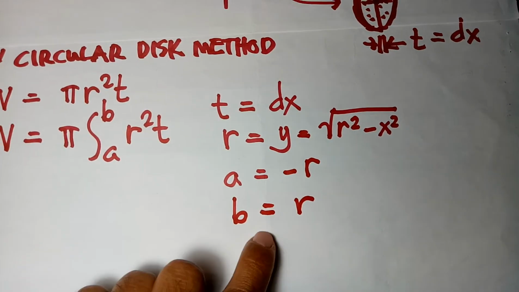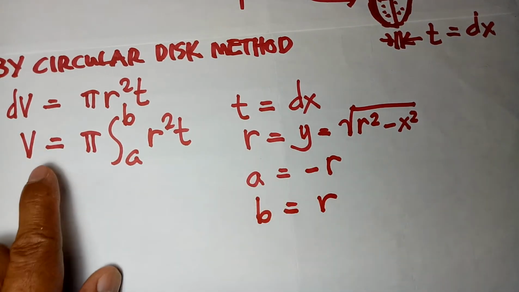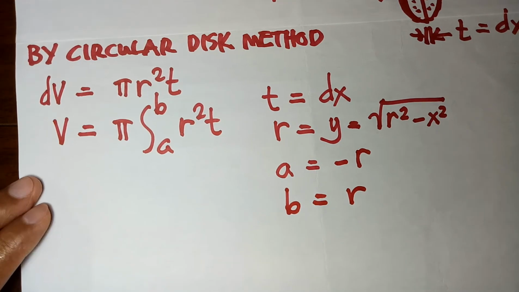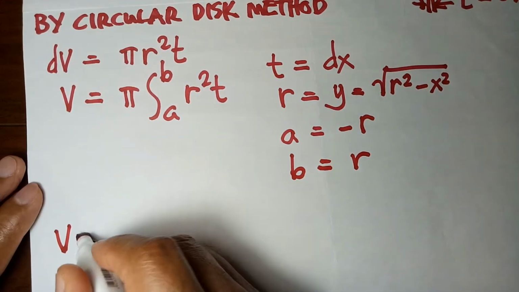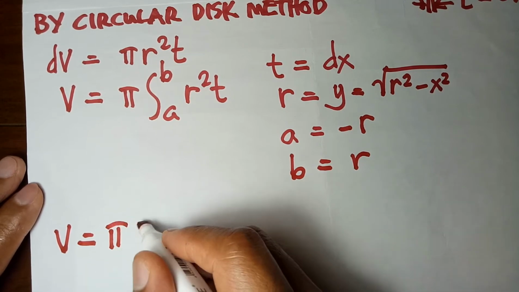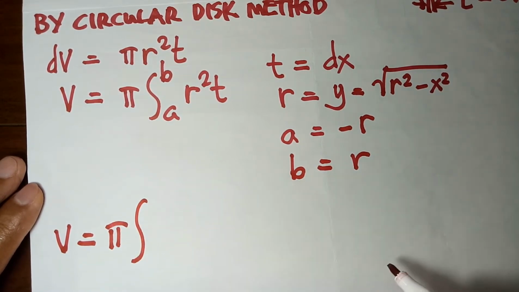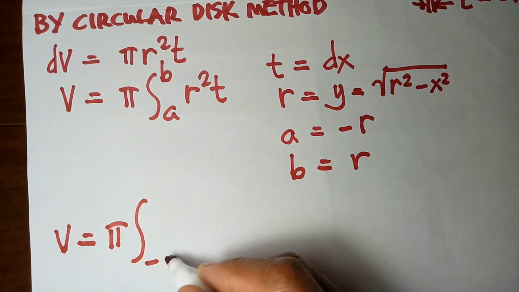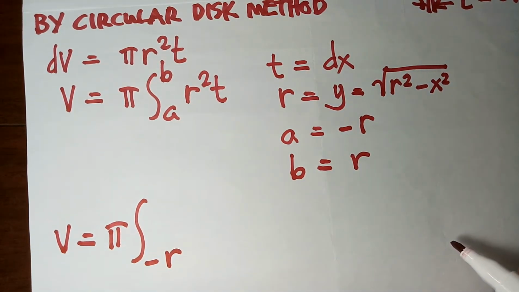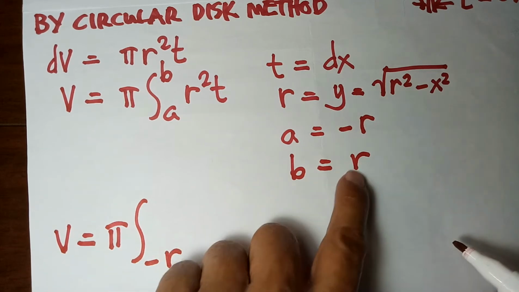Okay, so let us substitute the values that we have now in the formula. So I will have volume equals pi and then integral. So our A is negative r, and then our B is positive r.